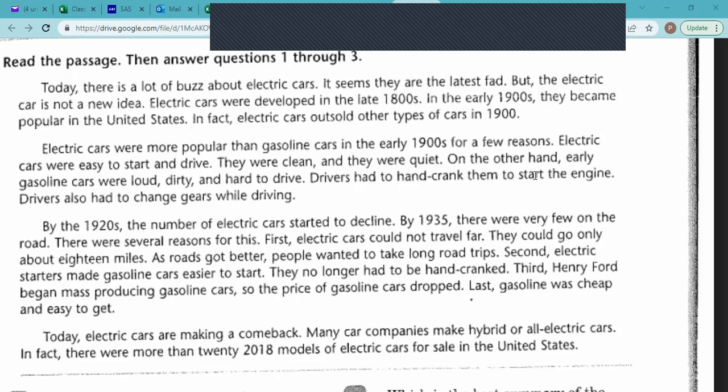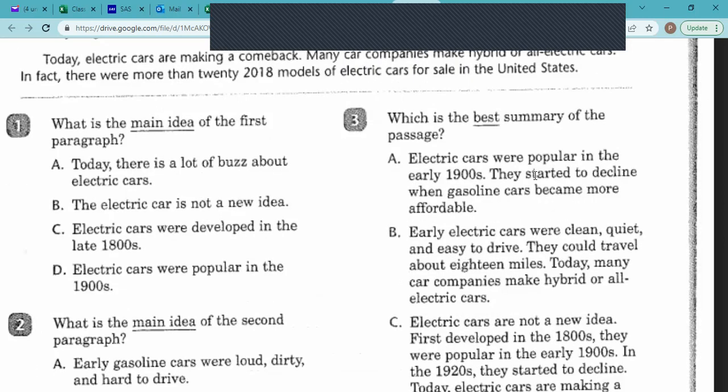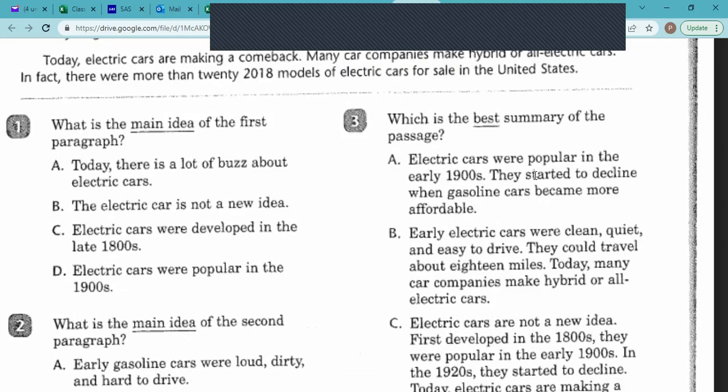Okay, so let's take a look at our questions below. Number 1, what is the main idea of the first paragraph? Would it be A, today there is a lot of buzz about electric cars? B, the electric car is not a new idea.